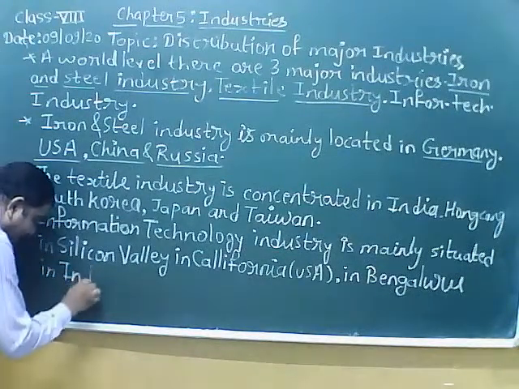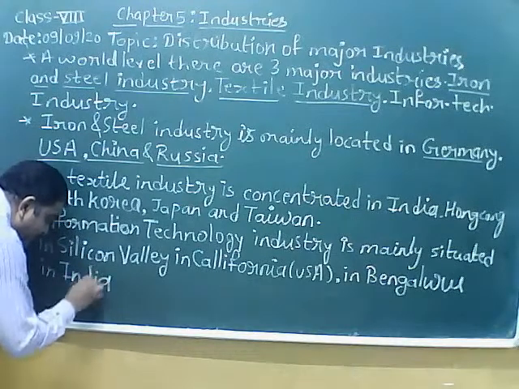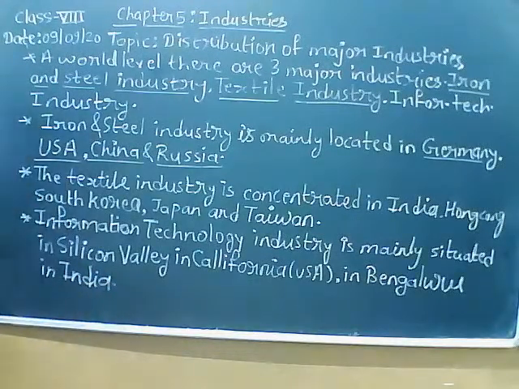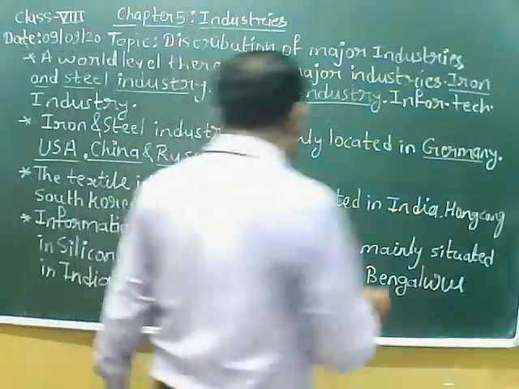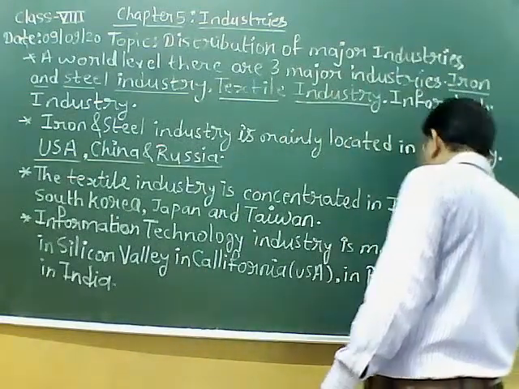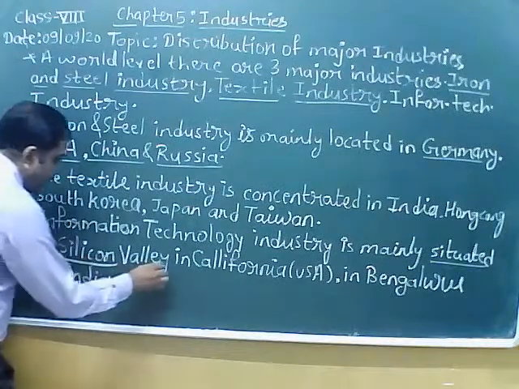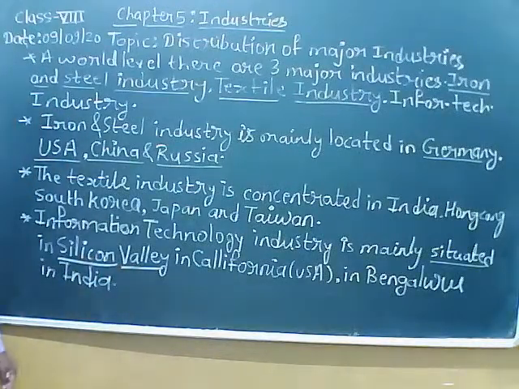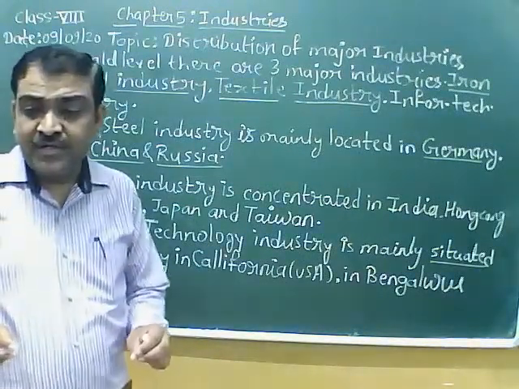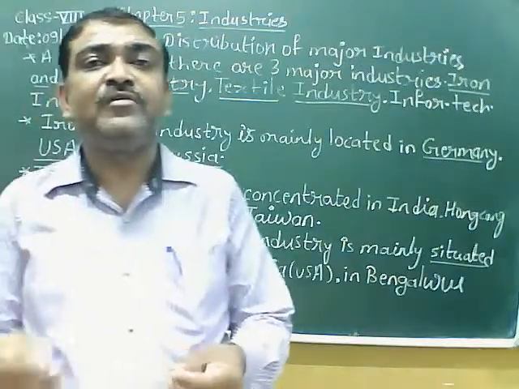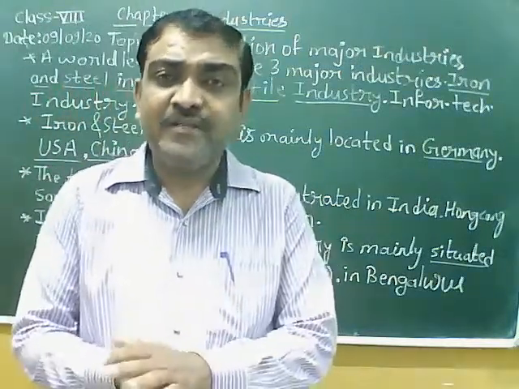Okay, so at the world level, the information technology is mainly situated in Silicon Valley. Okay? Silicon Valley is not a valley where lot of silicon is there. In fact, why it is named?